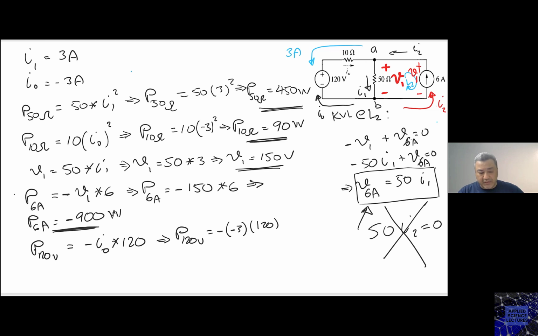However, I naught is negative itself, so this fixes itself and makes it positive. If you use both approaches, you get the correct answer.